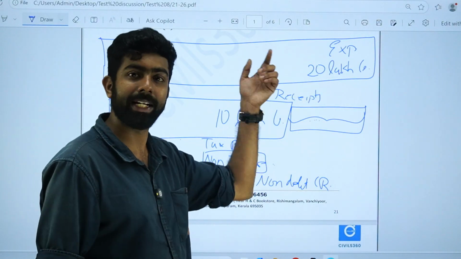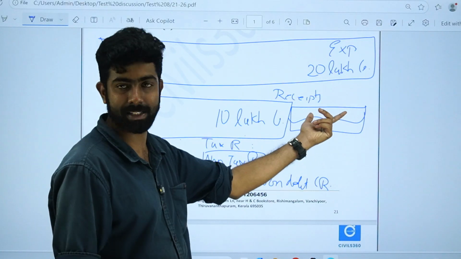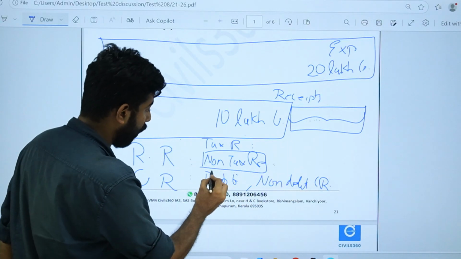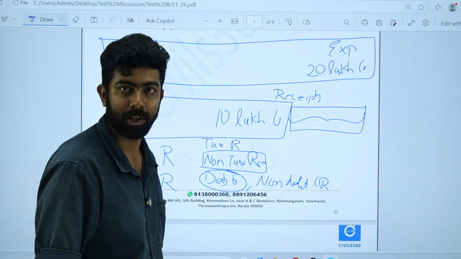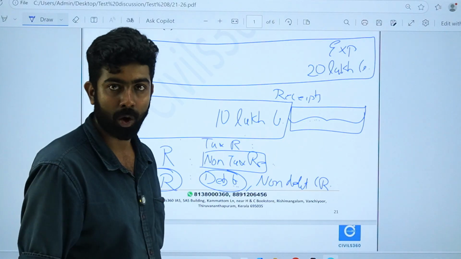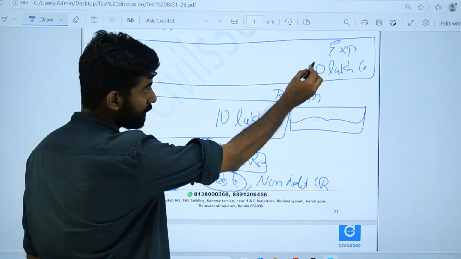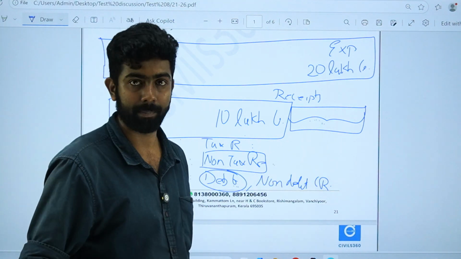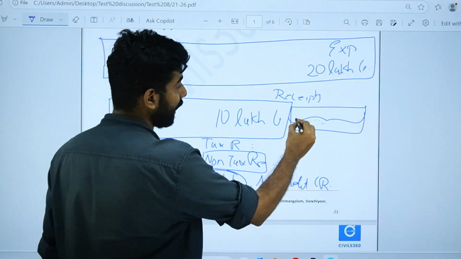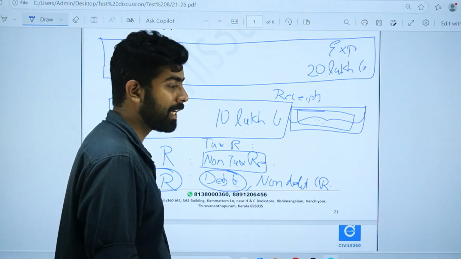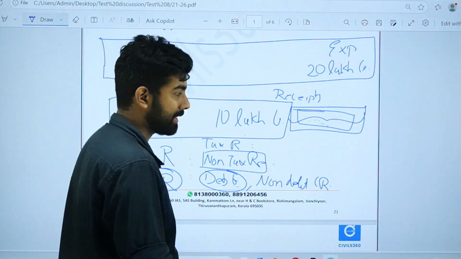The government takes loans to meet this gap, and that amount is what we call the debt creating capital receipts. That is already part of the capital receipts. So if you just subtract it, it will involve double counting.